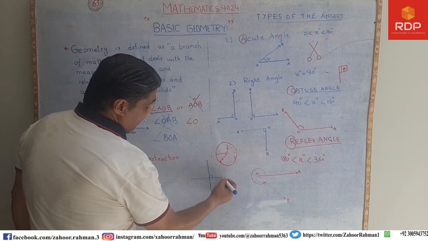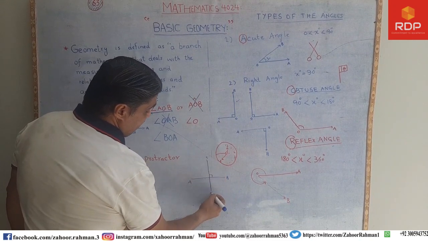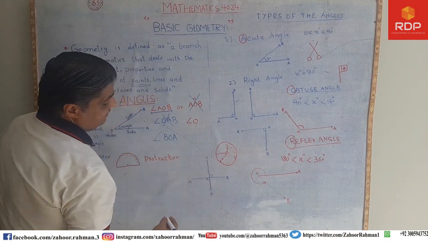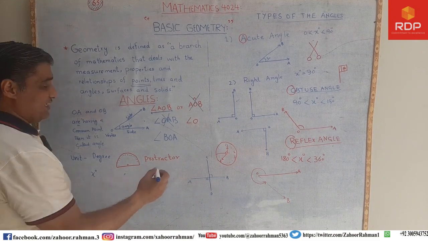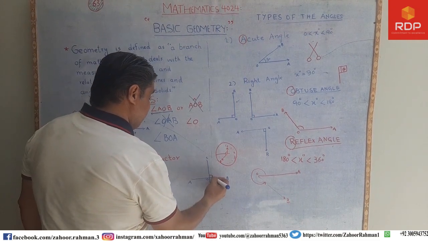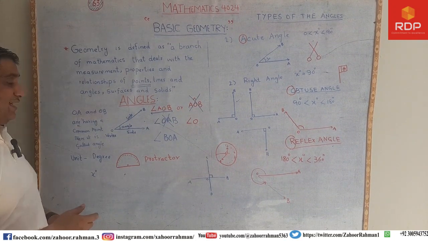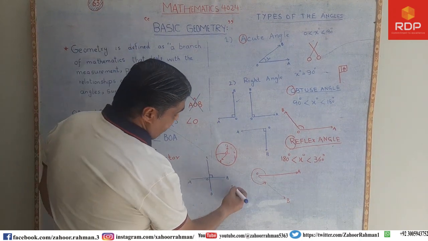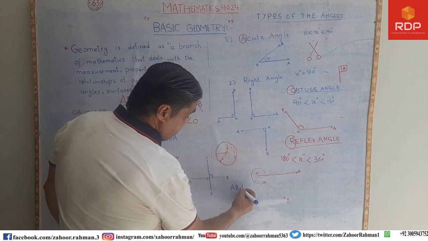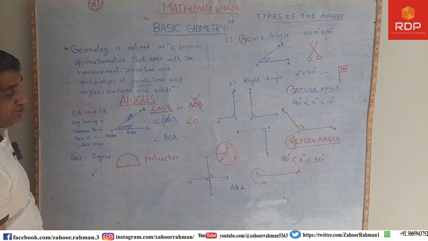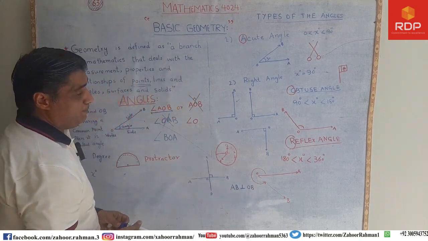This is a line AB, and this is a line CD, which is intersecting each other with the 90 degree. So we are saying that AB is perpendicular, and remember that AB is perpendicular. This sign is used for perpendicular to OB.